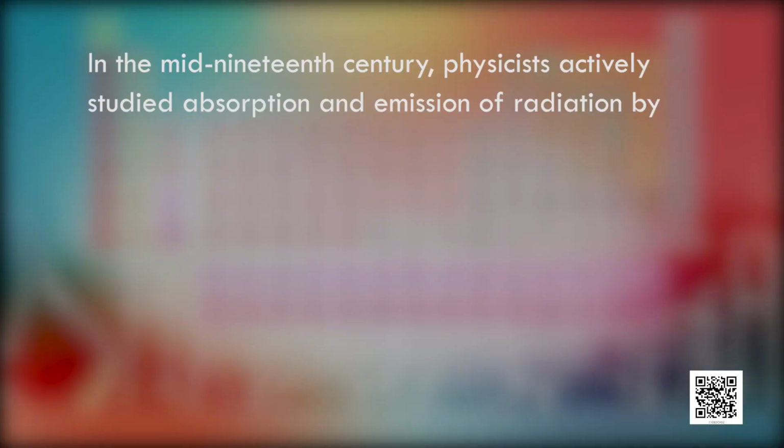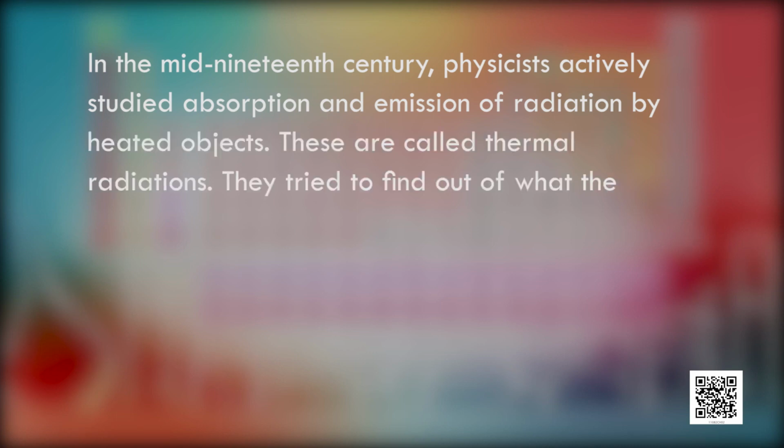So, before we move into the new model of the atom, let us understand about various experiments that were happening on the electromagnetic radiations so that they can be combined into the nature of electrons that are moving around. So, in the mid-19th century, the physicists actively studied absorption and emission of radiation by heated objects.